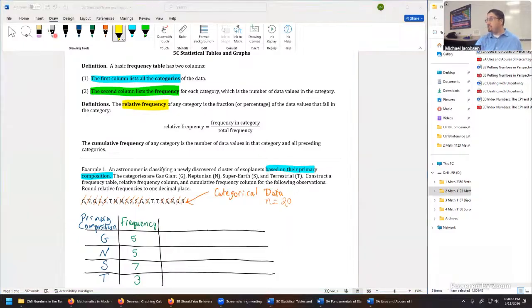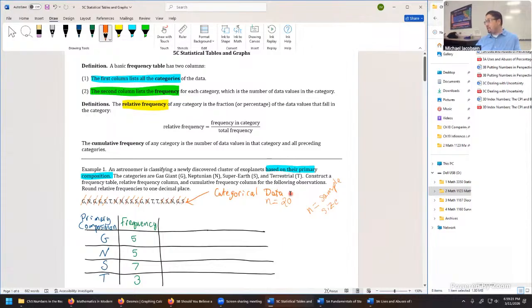Oh, sorry, that n down there was meant to be the size of the sample. So n equals, thanks for asking about that, the sample size. It's not a random sample. This is just everything they found in that newly discovered cluster of exoplanets. So they found 20 observations. And that's helpful to identify for another reason.